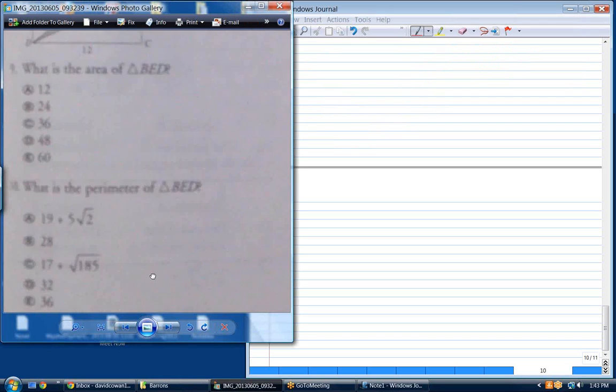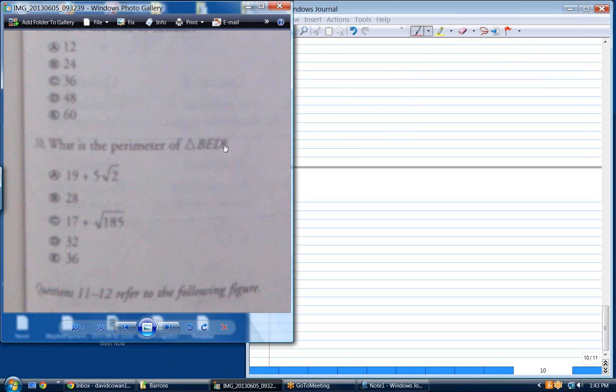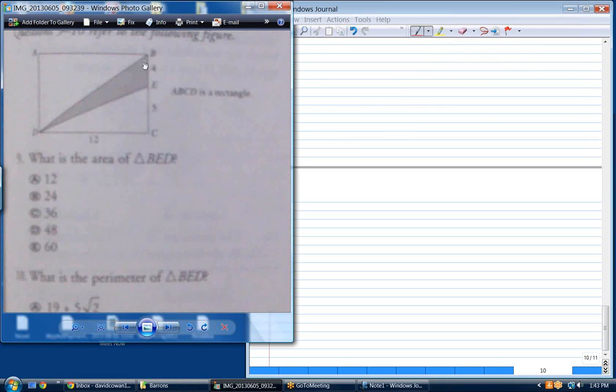Okay, what is the perimeter of triangle BED? BED is the shaded. So now we do have to put some numbers on these sides. Perimeter is the surrounding. It's A plus B plus C. Okay. You have 1, that's 4.